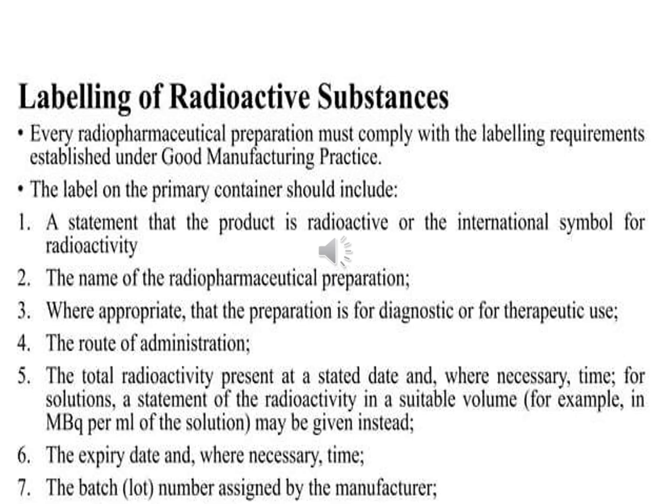It should also include the route of administration and the total radioactivity present at the stated date and, where necessary, time. For solutions, a statement of radioactivity in a suitable volume, for example in MBq per ml of the solution, may be given instead. Also the expiry date and, where necessary, time, the batch, that is the lot number assigned by the manufacturer, and for solutions, the total volume.